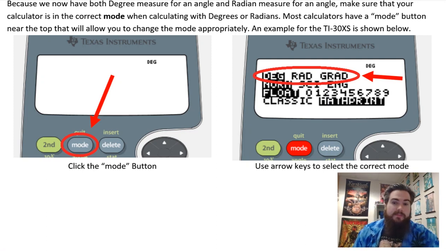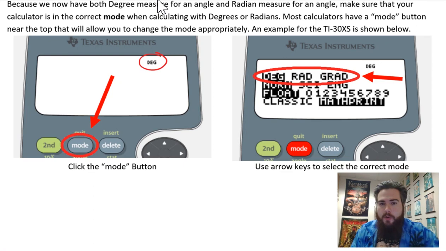For example, in this picture for a TI-34 calculator, note that the screen already indicates to me that I am in degree mode currently. This can be a very big problem for a lot of the functions that we will introduce in this course that rely on either being in degree or radian mode.